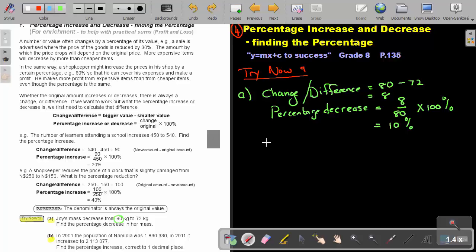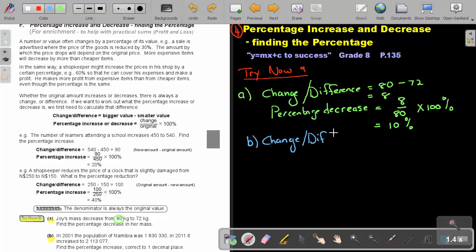And then if I look at number B, in 2001, the population of Namibia was 1830330, and in 2011, it increased to 2113077. Find the percentage increase, correct to 1 decimal place. So first, we must also find the change, or difference.